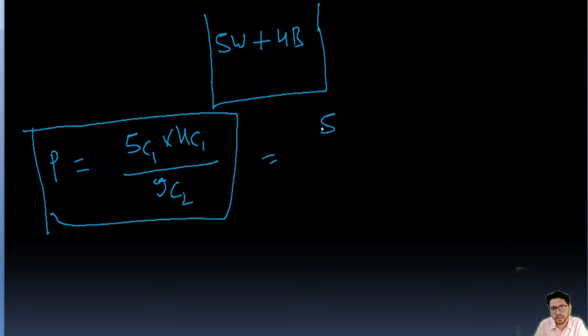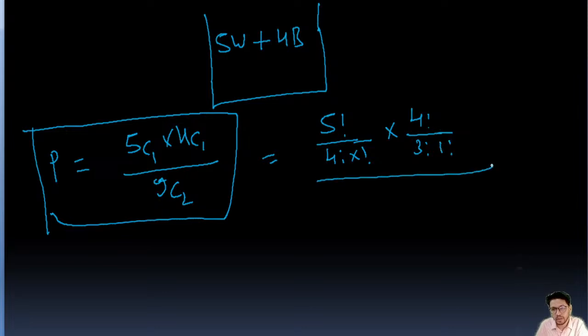It's a very simple calculation. 5 factorial upon 4 factorial into 1 factorial, into 4 factorial upon 3 factorial into 1 factorial, upon 9 factorial upon 2 factorial into 7 factorial.